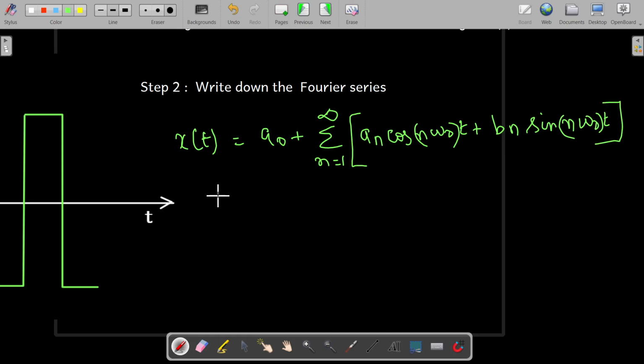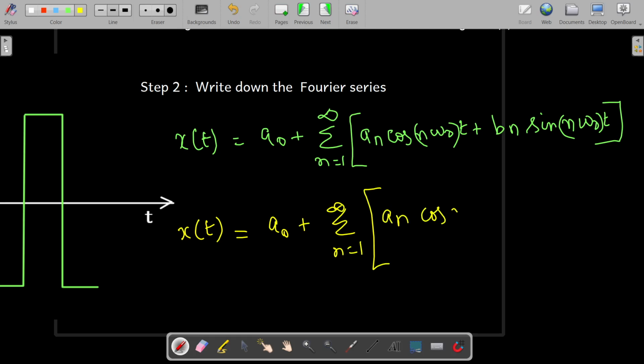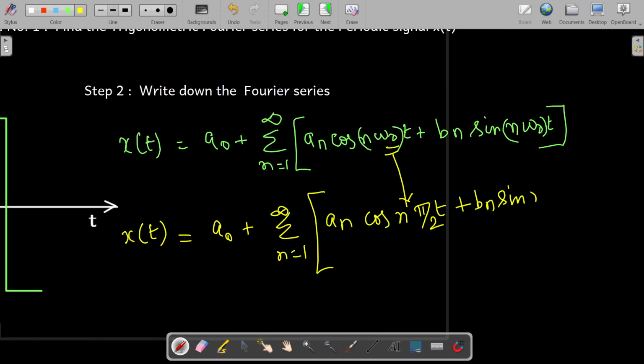For our case, we write x of t equal to a naught plus sigma n equal to 1 to infinity, a n cos n pi by 2 t plus b n sin n pi by 2 t. So we have made a single substitution of the omega naught value into the Fourier series formula.